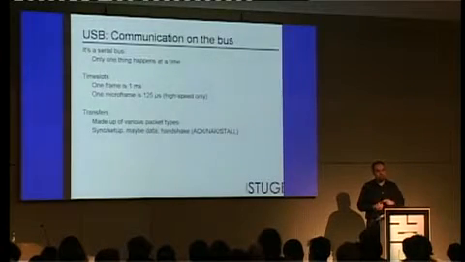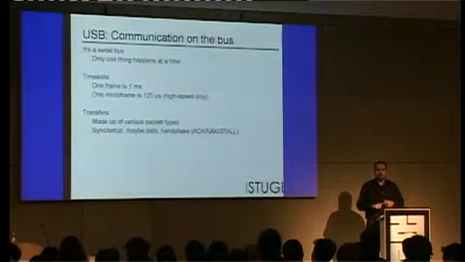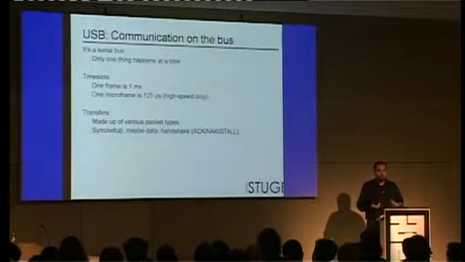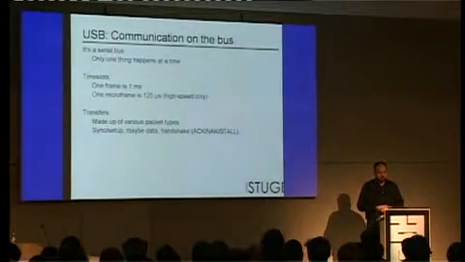There's the first stage, which is a setup that contains information about what this particular transfer will be. Then there may be data, or there may be no data, and finally there's a handshake at the end. The handshake is one of ACK, NACK, and stall. ACK means okay, data transferred, fine.